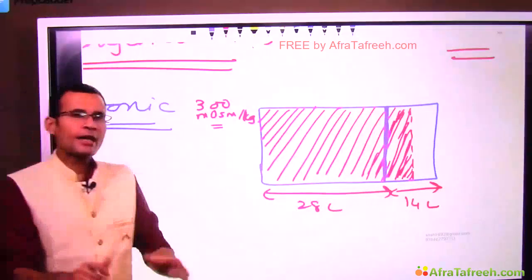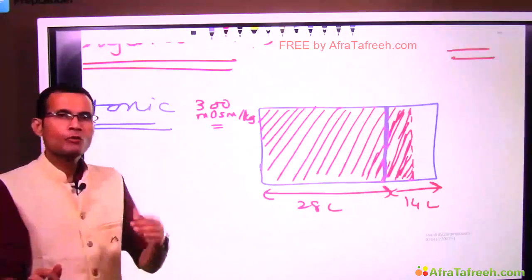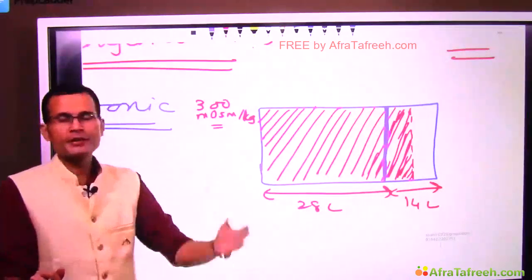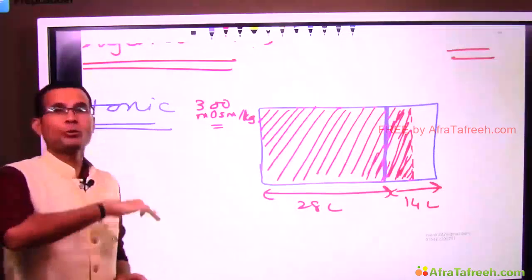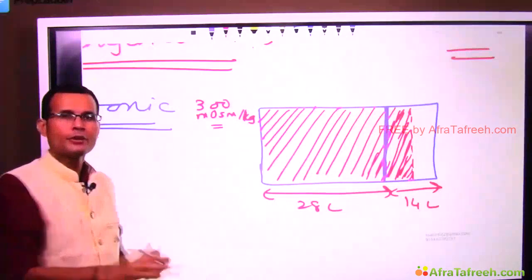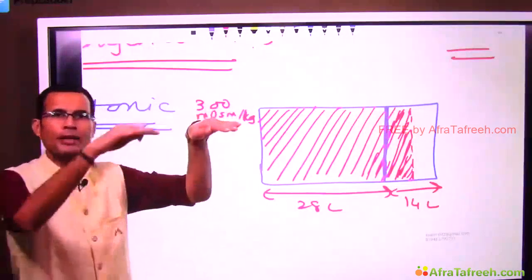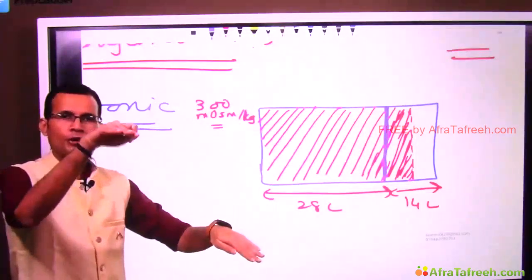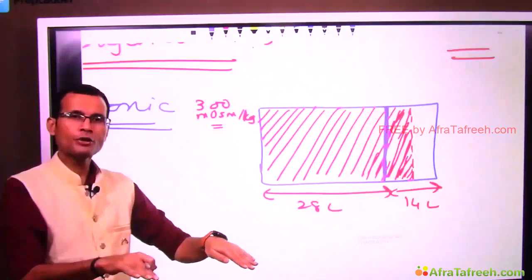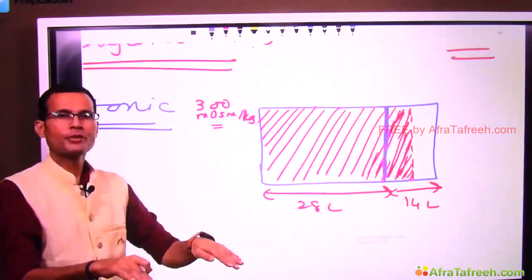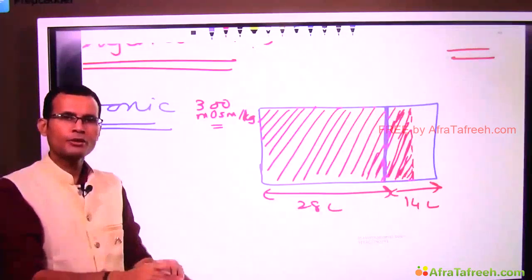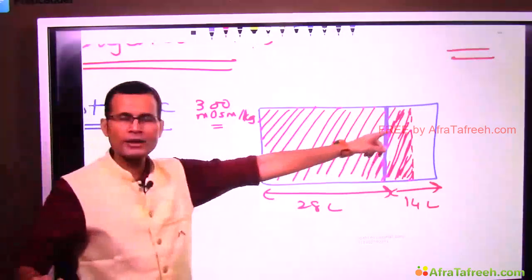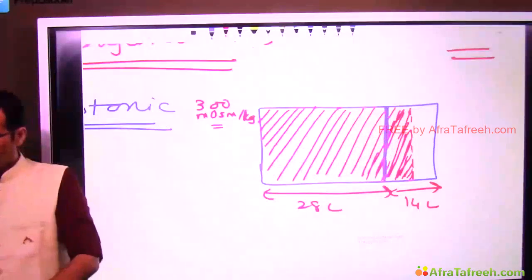Right. When does that happen? Now imagine water was lost from the ECF, but sodium also was lost from the ECF. Sodium lost, water lost. Both were lost in equal proportion. What will be the result? The tonicity will remain the same for the ECF. That is what has happened. No change in the tonicity.